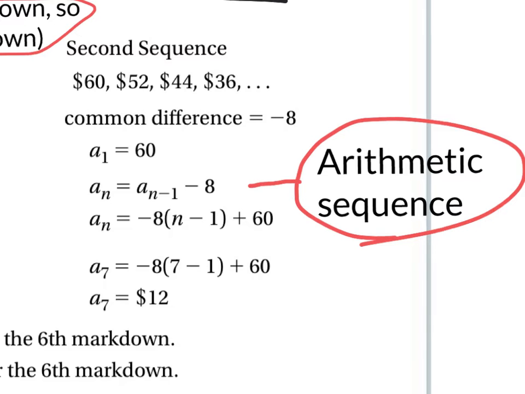But this is actually back in lesson 4.7, which talks about arithmetic sequences, if you want to look back at that. Anyway, they worked that out and they got $12 for that part.